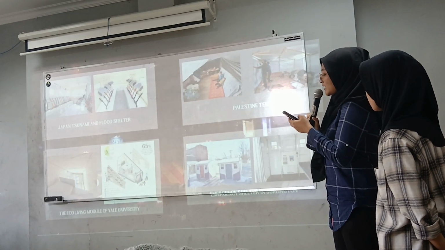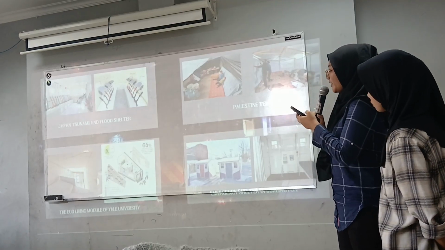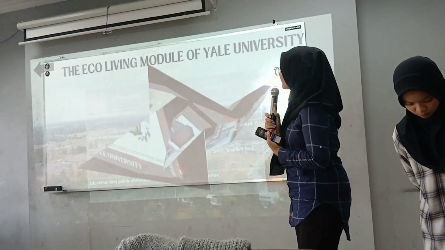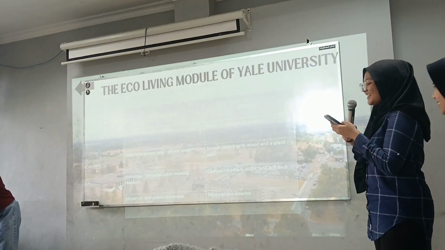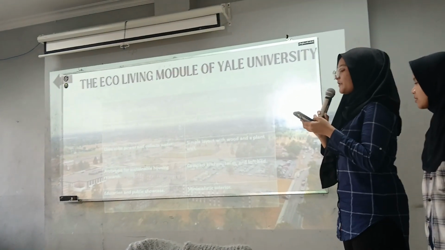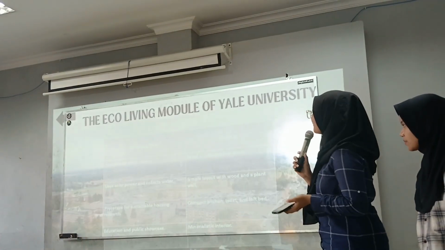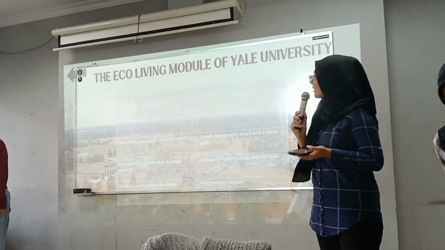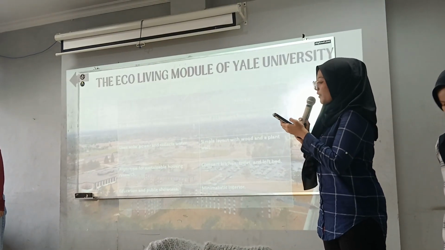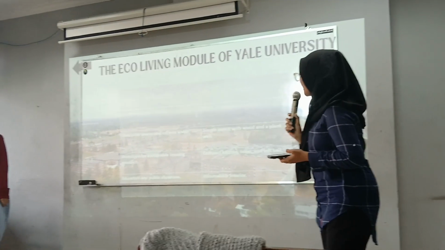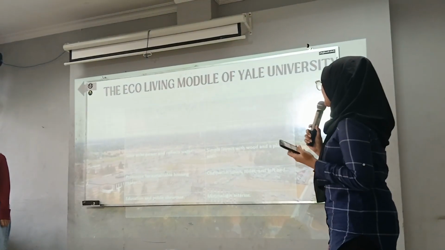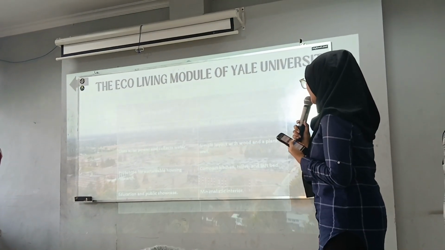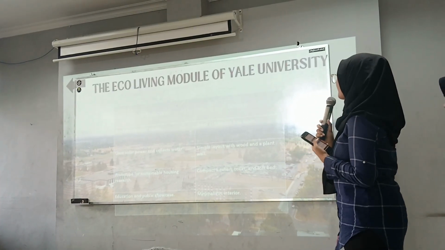And the next is the eco-living module of Yale University. The eco-living module of Yale University has main functions. The first is an eco-friendly small house that uses solar power and collects water, a prototype for sustainable housing research, and the last is education and public showcase.